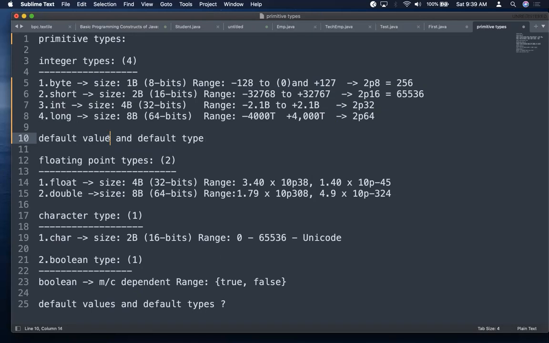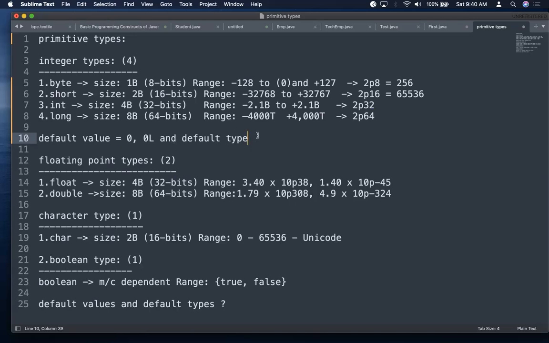The default value for all integers is 0. Byte is 0, short is 0, int is 0. But for long, we have to say 0L, in small case or capital case. Otherwise it will be treated as integer.